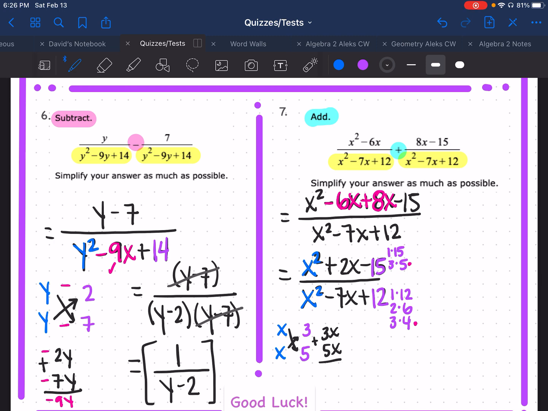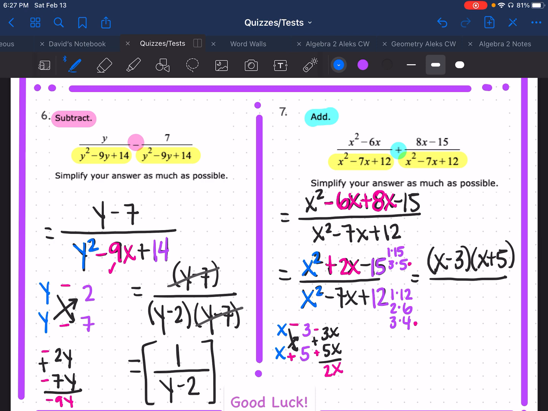Can I add them together and make them be positive 2x? Yes, I can. Minus, plus 2x. There it is. Okay, so far so good. Here is my numerator: x minus 3. And remember, the 3 is the one that we did this for. Let's see what we get in the denominator.